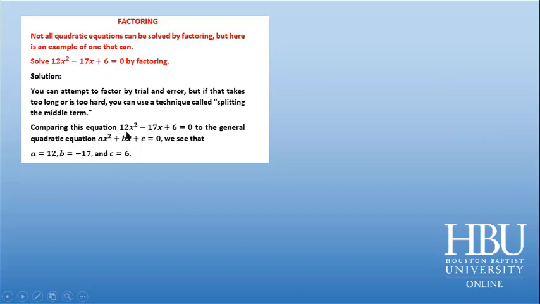Comparing this equation, 12x squared minus 17x plus 6 equals 0, to the general quadratic equation, ax squared plus bx plus c equals 0, we can see that in this problem, a is 12, b is minus 17, and c is 6.